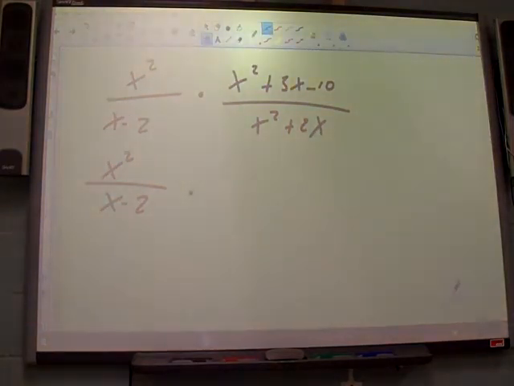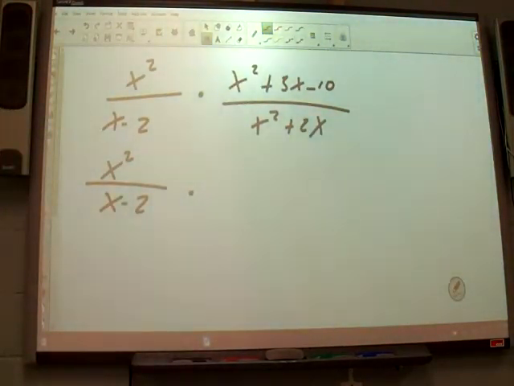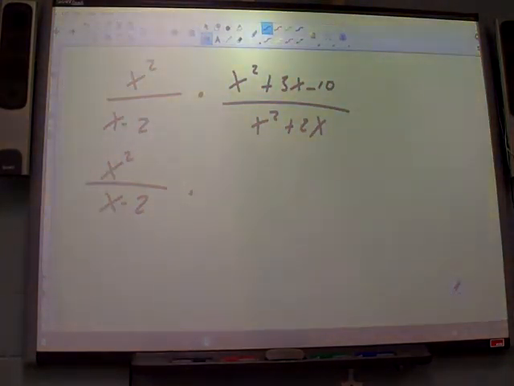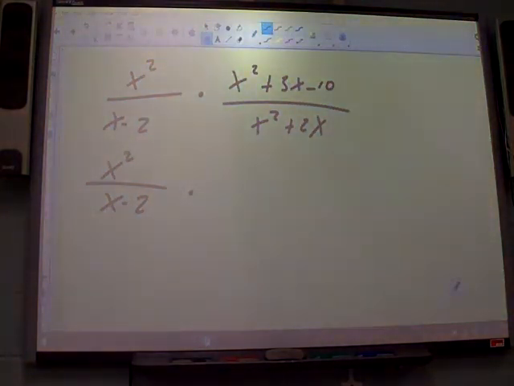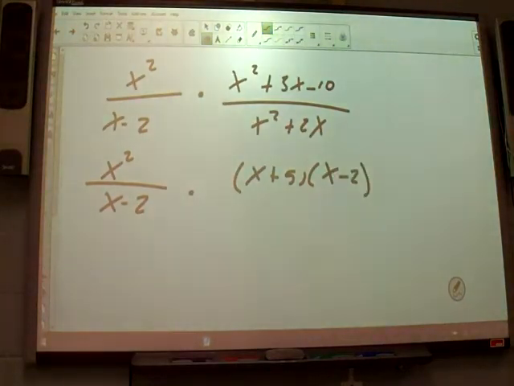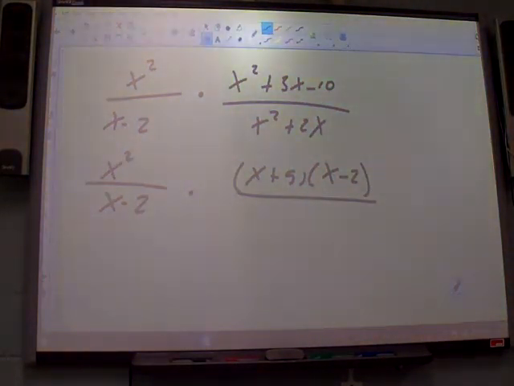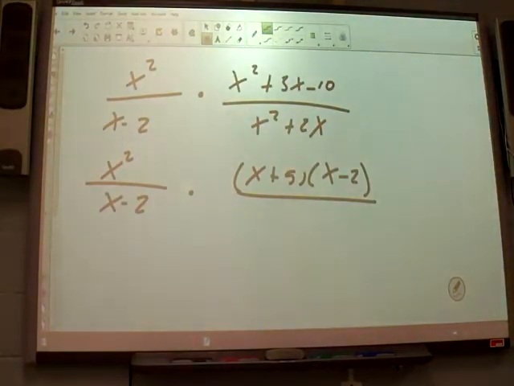Okay, top right. Very good. Lady Jo knows what multiplies to make negative 10 but adds to make positive 3. So it's got to be a positive 5 and a negative 2. Okay, bottom right.